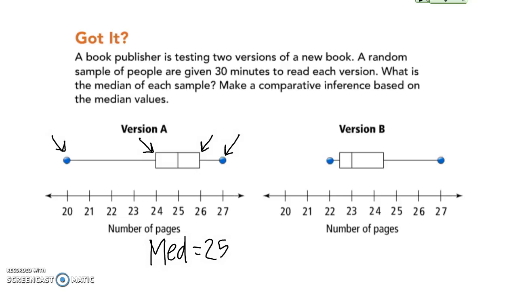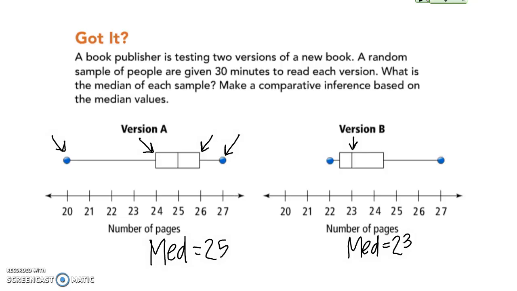For the second box plot, again, remember that the line inside the box of the box plot is the median. The median is 23. So we have to make a comparative inference now based on the median values. Which of these books takes longer to read? Or which of these books can we read more pages of, then I guess we would say.